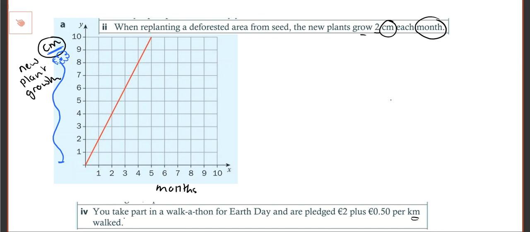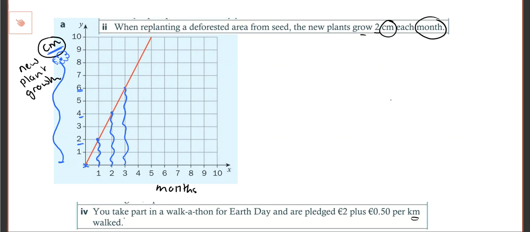At the start, the plant is 0 centimetres high. But after 1 month, the plant has reached 2 centimetres. After 2 months, the plant has grown to 4. 3 months, the plant has grown to 6, and so on, yeah?